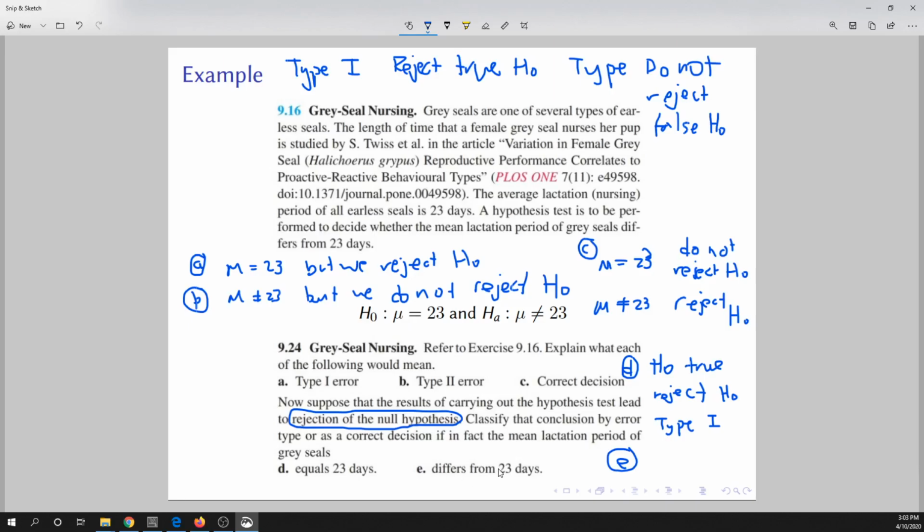So if this is the truth, then our null hypothesis is false. And then here they say your test leads to the rejection of the null hypothesis. So that is a correct decision. It was false, we rejected it. So this is a correct decision.